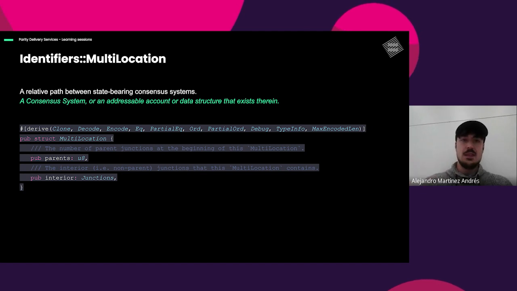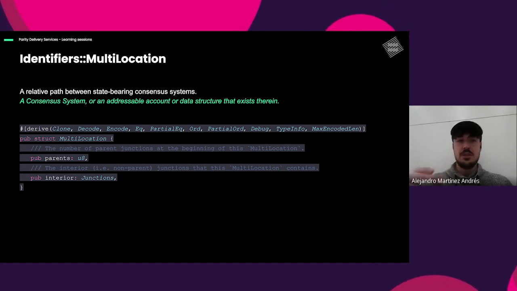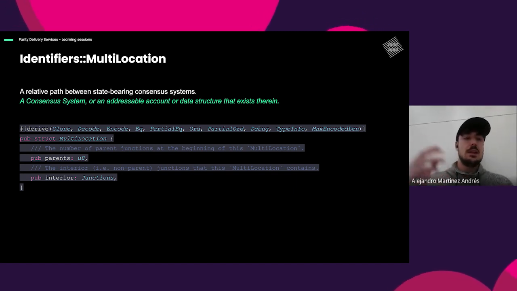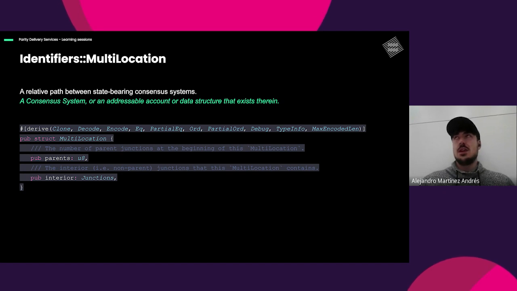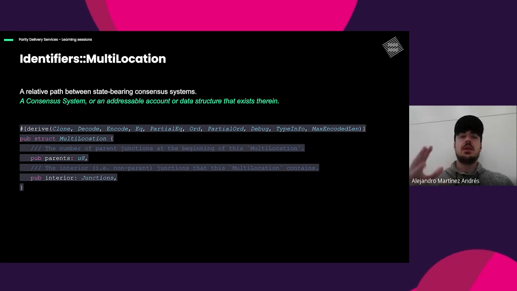Before interpreting, please go one step back and interpret the rest of the interior from the context of the parent. Interior, we define it as junctions, right? Which will let us define what exactly we want to identify within the consensus system we are in.